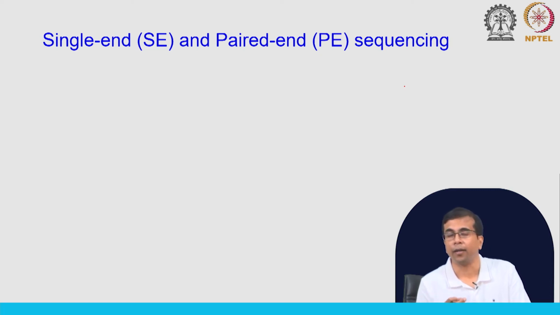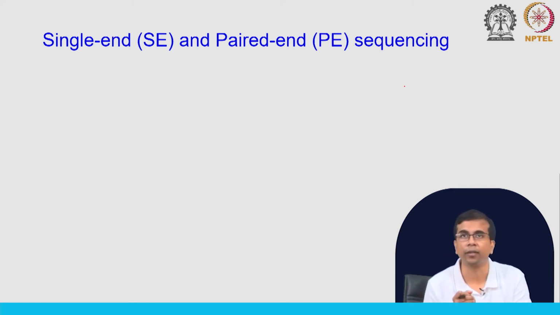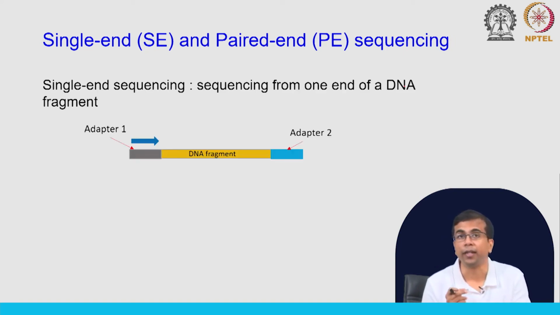Now, one of the key ideas in Illumina is called paired end sequencing. So, we will talk about that now. There is something called single end sequencing and something called paired end sequencing. In single end sequencing, you have sequencing from one end of a DNA fragment.